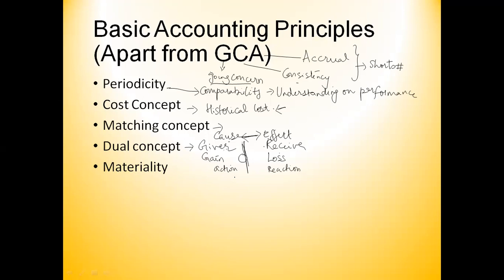Even in a barter system, there are two people involved. They may not pay money, but they will give some goods and get goods in return. So there is no money concept, but still every transaction had two people involved. There was a dual concept.